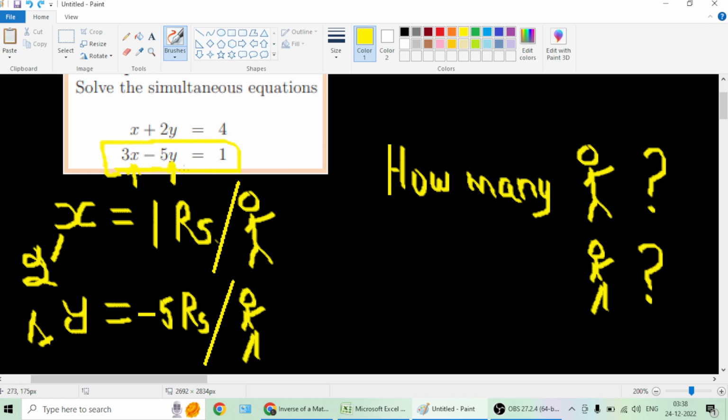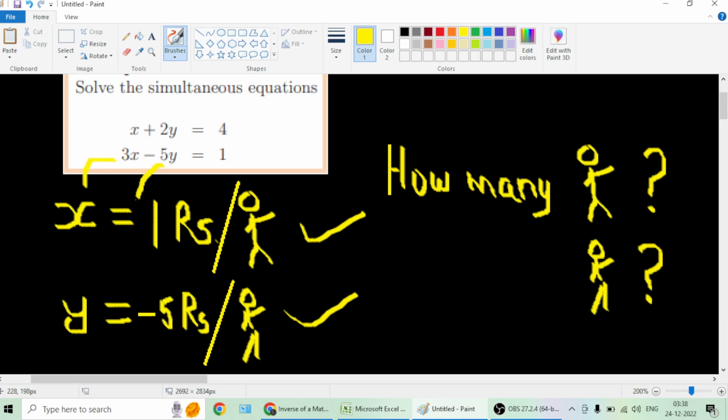So this is a practical example in which we were given the price of a haircut in 2 different situations. First is this, second is this. On the first day x is 1 rupee and y is 2 rupees, and on the next day x is 3 rupees and y is 5 rupees, and they resulted in this situation.